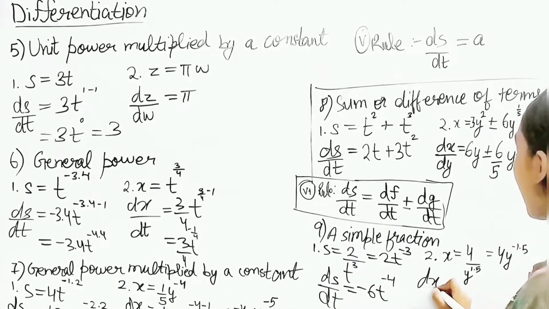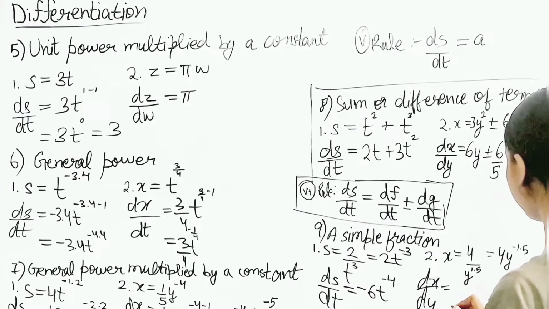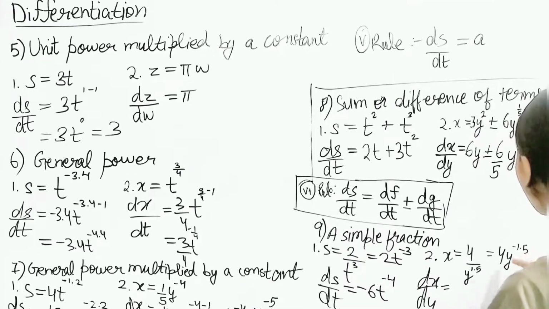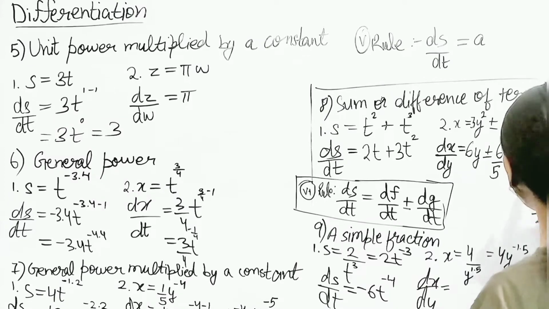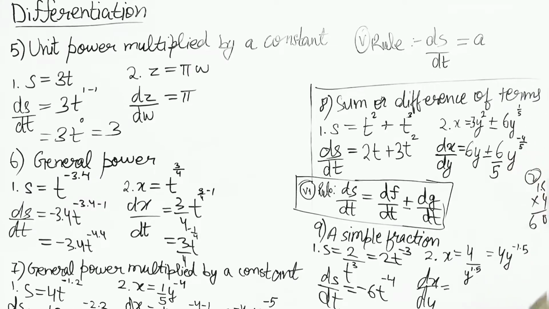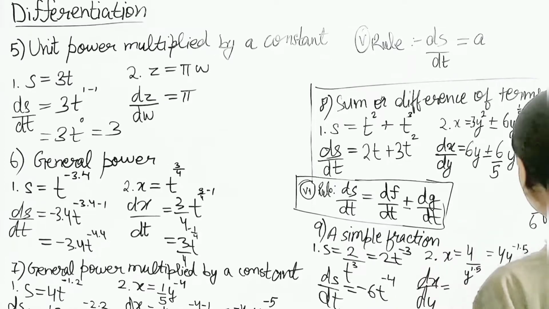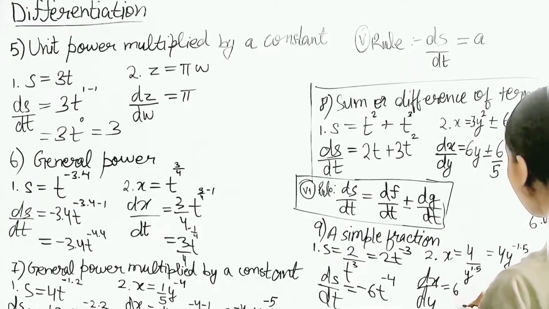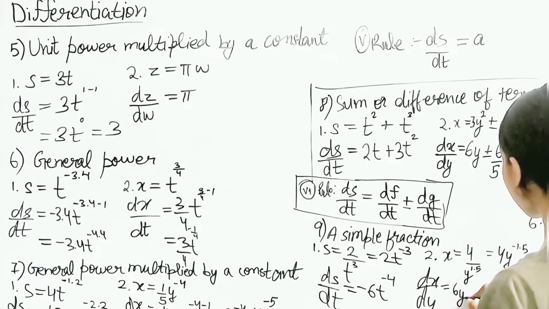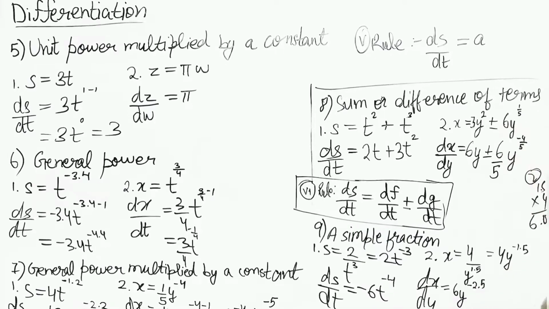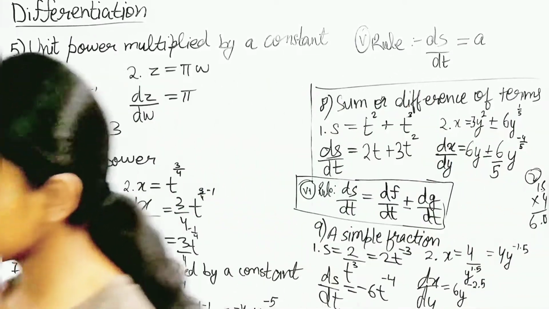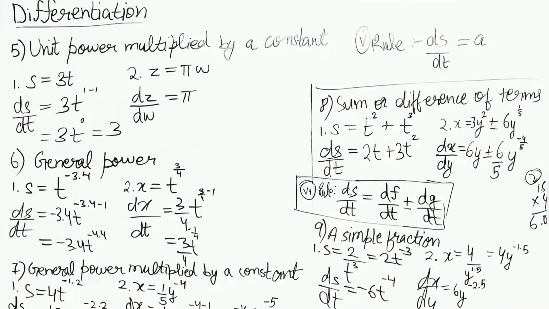Now let's solve it. dx by dy will be -1.5 into 4, which is going to be -6. 1.5 into 4: 4 into 5 is 20, 4 into 1 is 4, 4 plus 2 is 6. So 6 y to the power -2.5, and that's it. We are done.